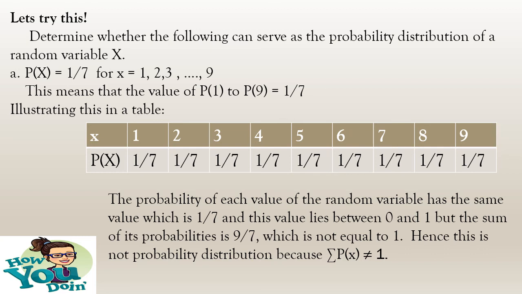So, alam natin na kapag probability distribution property, pag inadd natin yung probability values niya, dapat equal siya sa 1. But in this case, ang ating sum ay 9 over 7. So, this is actually 1 and 2 over 7 sa mixed fraction. So, lampas siya sa 1.